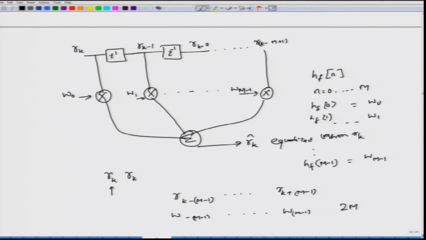So, a total of 2m plus 1 tap filter is to be considered in order to obtain the proper representation for the pulse spreading or for the intersymbol interference effects. Pulse spreading gives rise to intersymbol effects. So, you assume future m samples are corrupted, you assume past m samples are corrupted, and you put your equalizer in such a way that the present symbol is the corrected version.